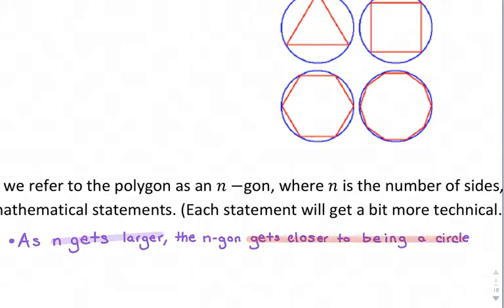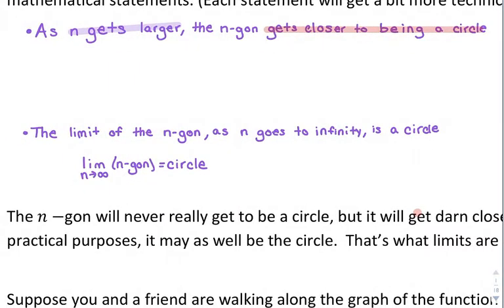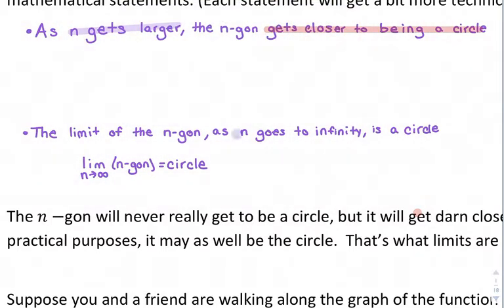Now that's pretty basic, so let's take this up a notch and discuss it in mathematical terms. Instead of saying the n-gon gets larger, we say as n goes to infinity, meaning as the number of sides increases all the way up to infinity, then it is a circle.